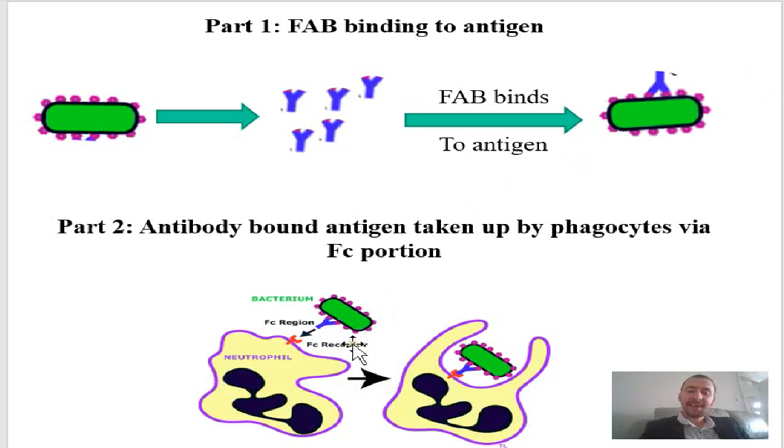And below you can see where the antibody bound to the microbe can then attach to the Fc receptor on the phagocyte. In this case, the neutrophil has used this Fc receptor to bind to the Fc portion of the antibody, and that enables it to subsequently take the antibody-bound microbe into its cell, break it down, and essentially eliminate the pathogen.